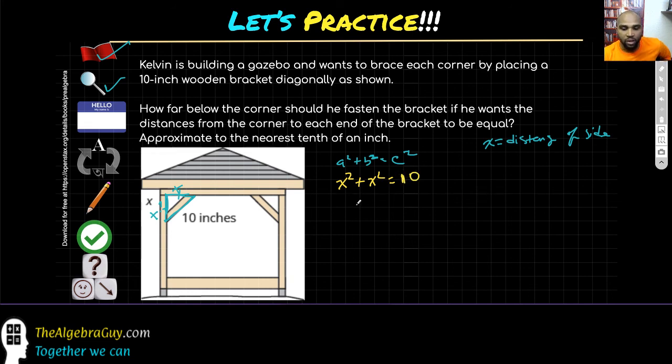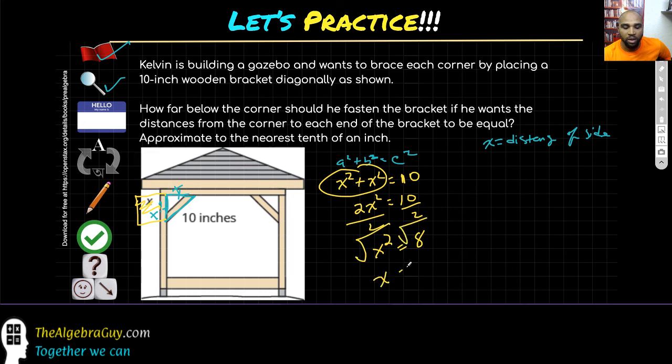So now I need to find this by adding these up. 2x squared equals 100. Divide by 2. x squared equals 50. And I want to find x, because that's just the area right here. I don't want all this area, I want the length. So I'm going to take the square root of x squared. It gives me x equals the square root of 50. And we'll learn later that that's the same thing, I think, as 5 square root of 2.